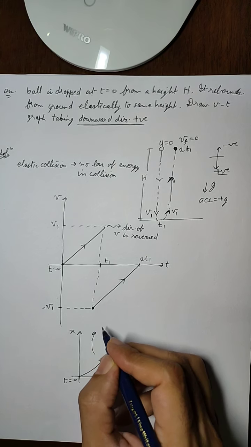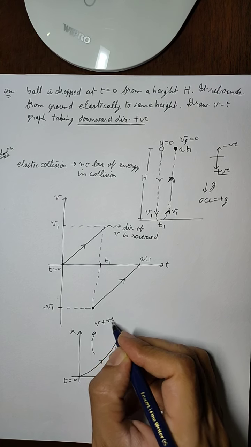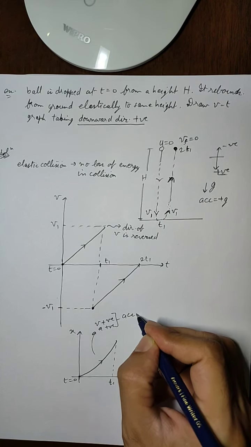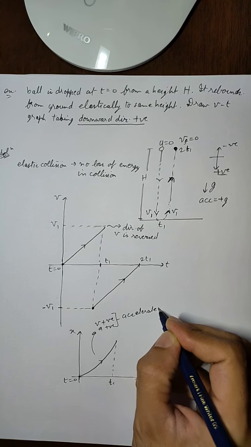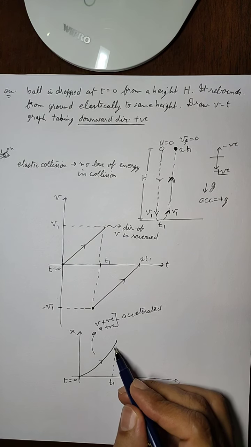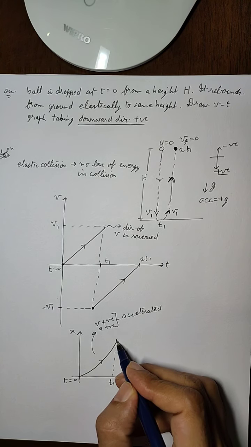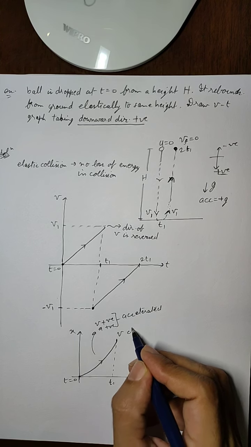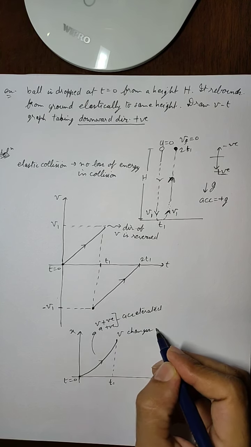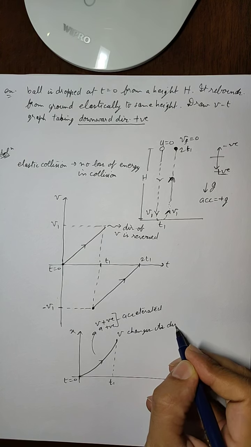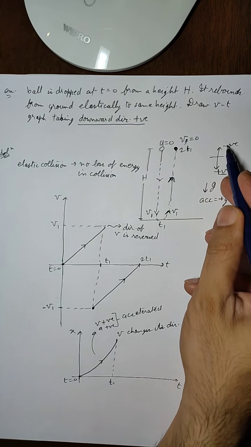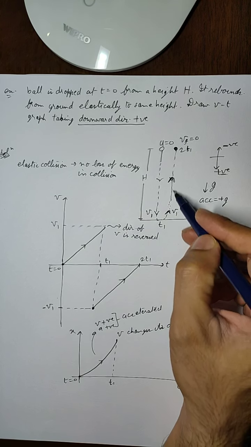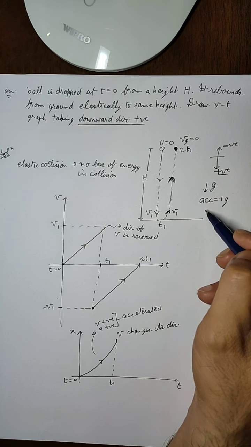So for this part of the graph, velocity is positive and acceleration is also positive. That means there is an accelerated motion. So the curve will be like this. Then at t1, at this point, the velocity changes its direction. So now velocity is going in negative direction, upward direction is negative, and acceleration is in downward direction.